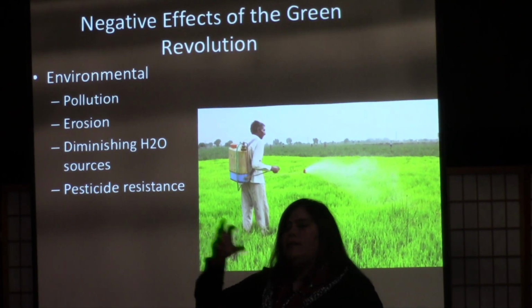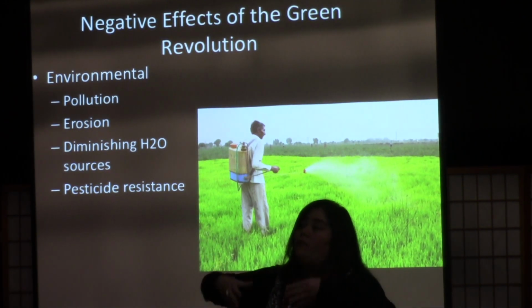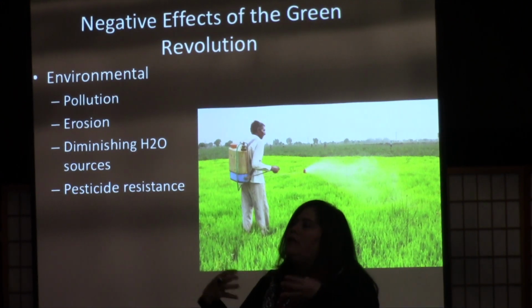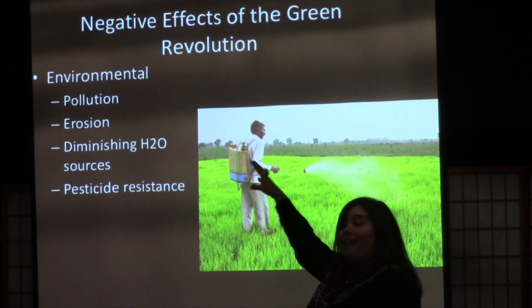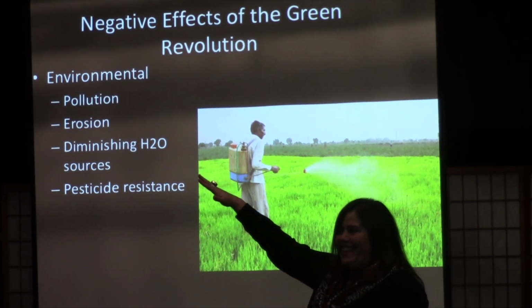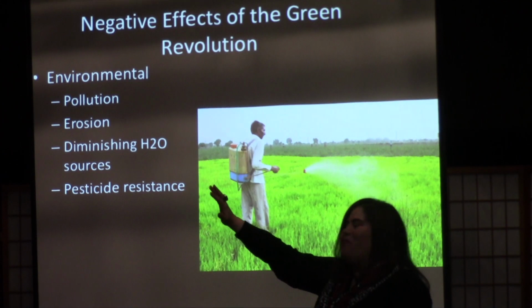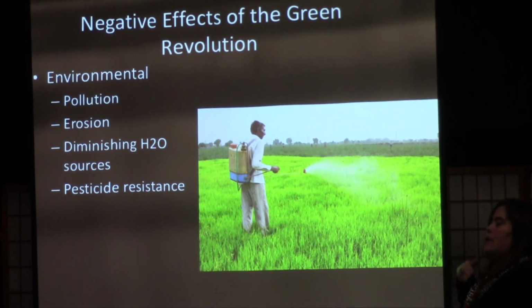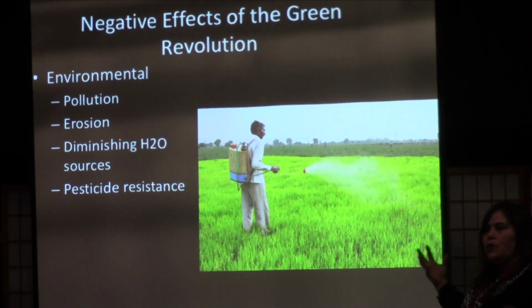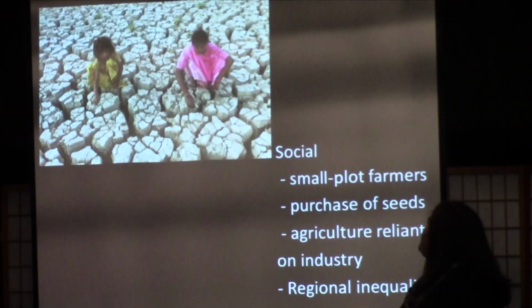In the Sea of Cortez, currently today, you still have kelp forests that are so dense that they are killing the fauna. They're killing the fish. And it's from the runoff of the experimental station land and the agricultural zones of northern Mexico. Diminishing water sources, pesticide resistance, not to mention the public health concerns of using so much pesticides.